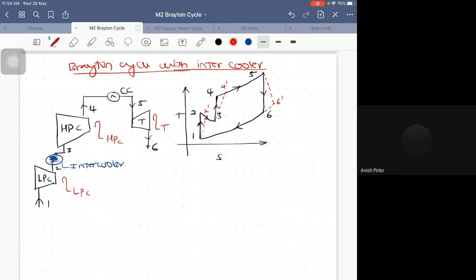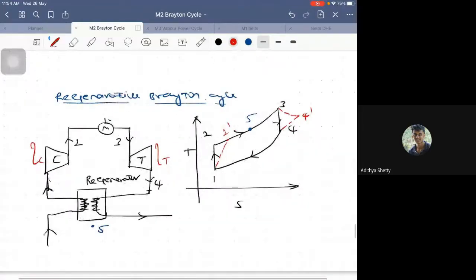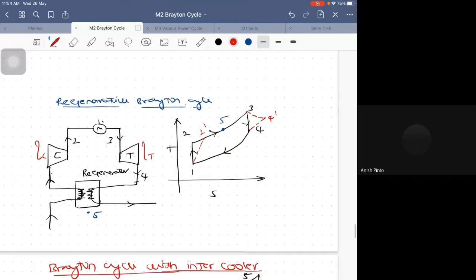Clear? Any doubts? Sir, TS diagram of the regenerative Brayton cycle. Sure. Regenerative Brayton cycle. The final one should be 4 to 1.